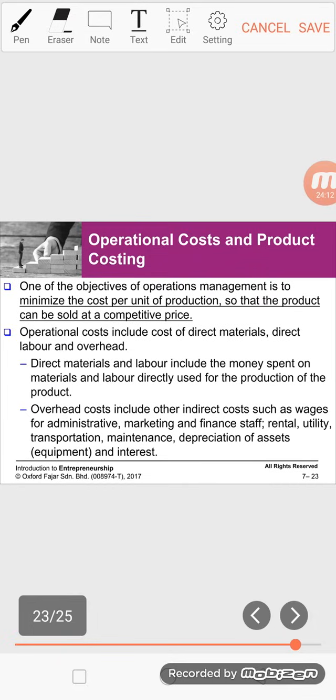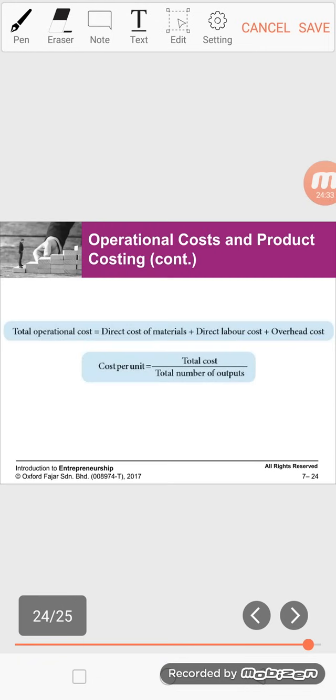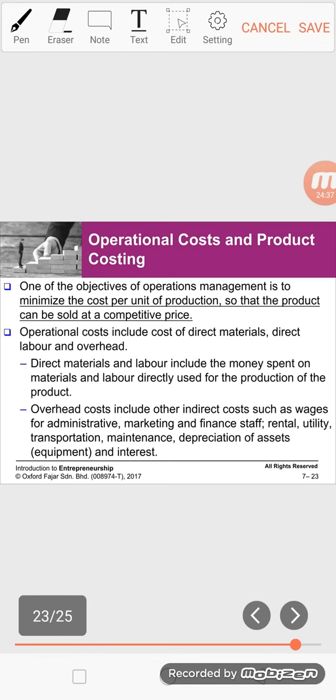Okay, bukan yang macam tiba-tiba macam alah ada untung tu adalah, kalau tak ada tak apa, tak nak. Okay, so we want that profit. So how to achieve that profit? Then salah satunya adalah we have to minimize the cost per unit.